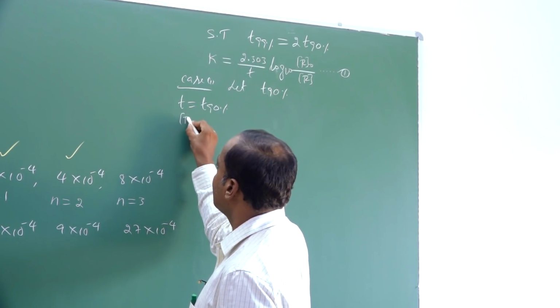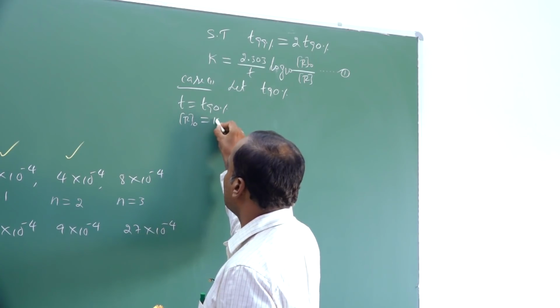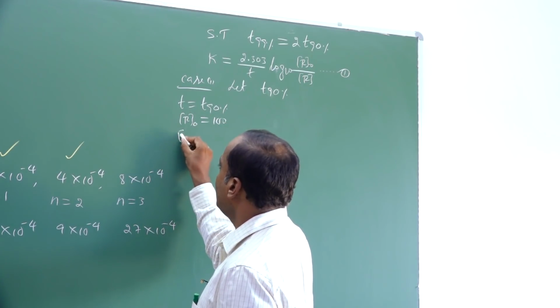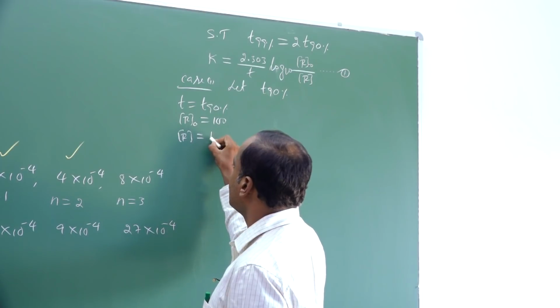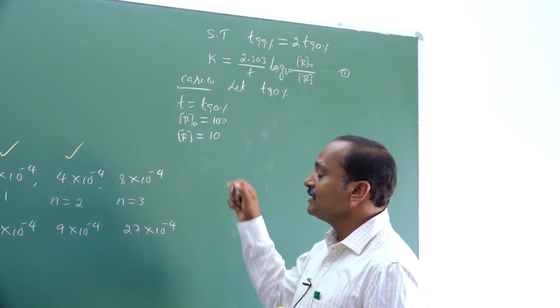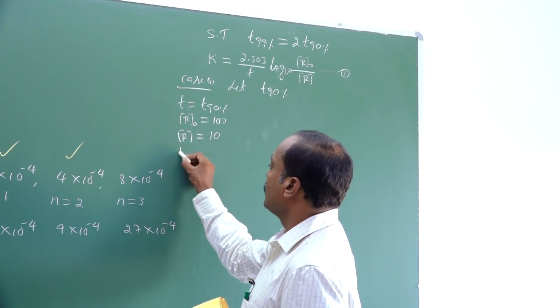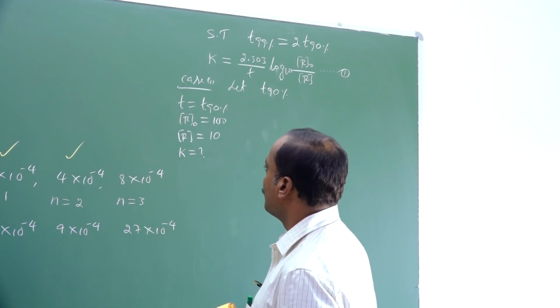Its initial concentration R naught is 100, and R is 100 minus 90, which is equal to 10. R is the concentration of reactant remaining at time t. Then k is equal to what?